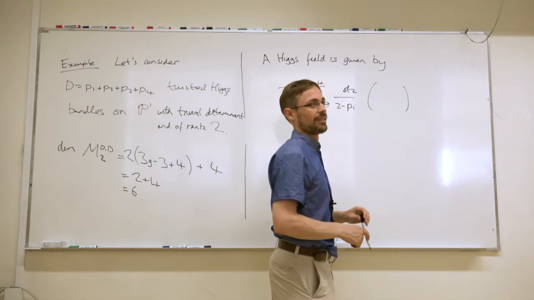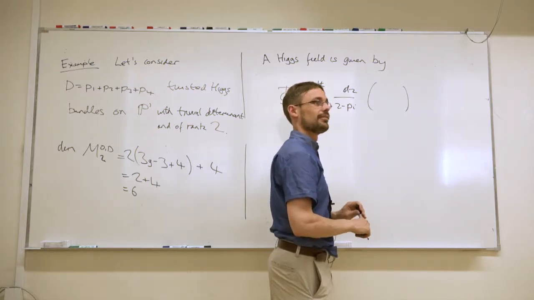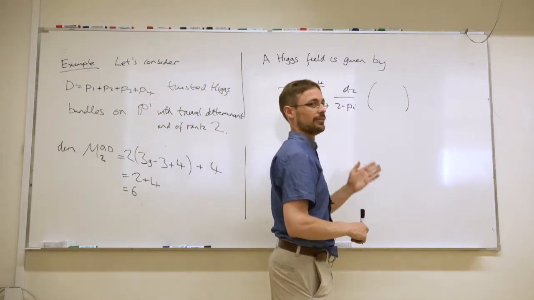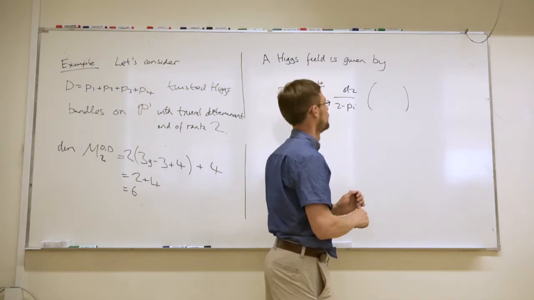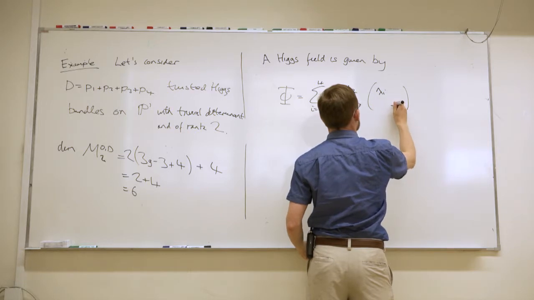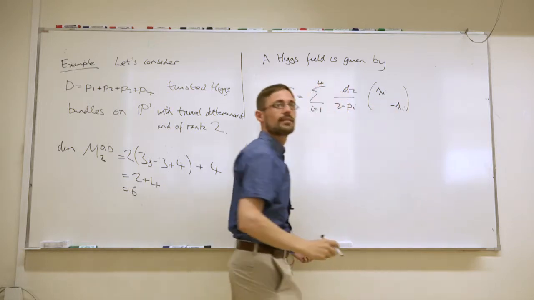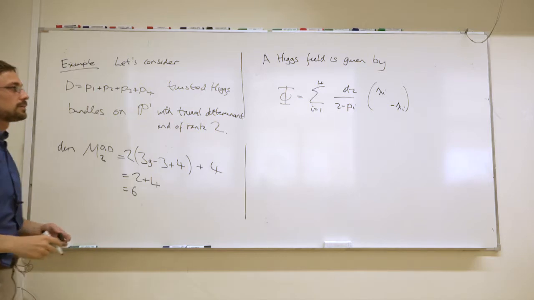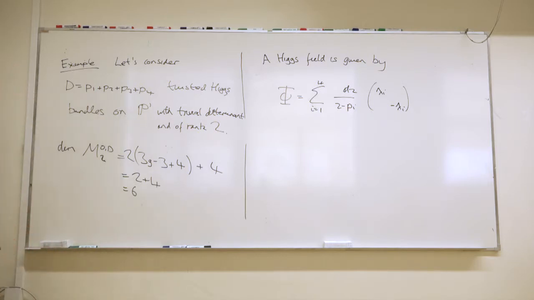If you suppose it's furthermore diagonalizable, then that amounts to really fixing an eigenvalue. So a possible Higgs field here might look like something like this.